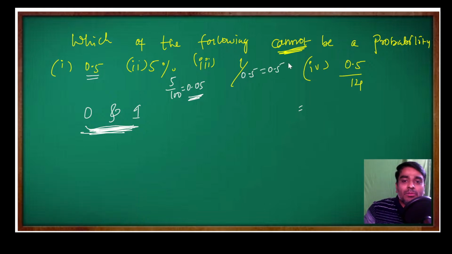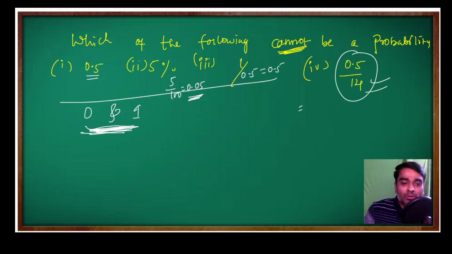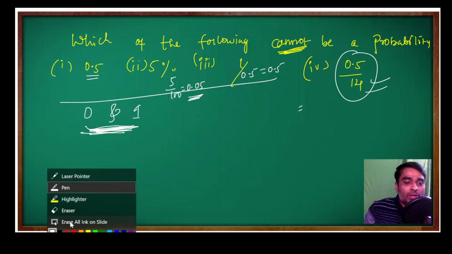So this will also be there. Now if these three are there, then the fourth will be the right option. So remember, probability should always be between 0 and 1.